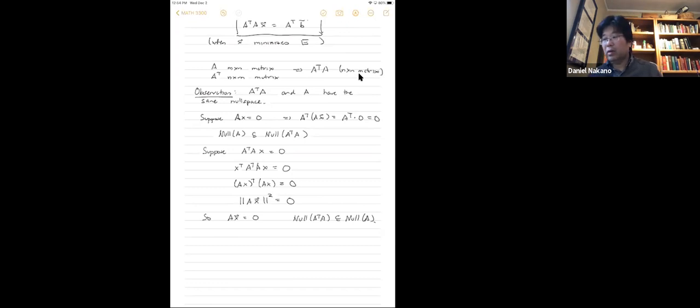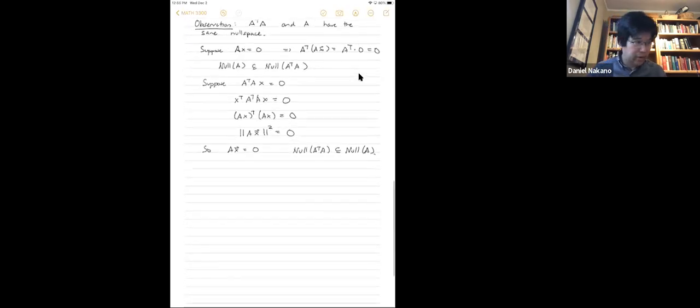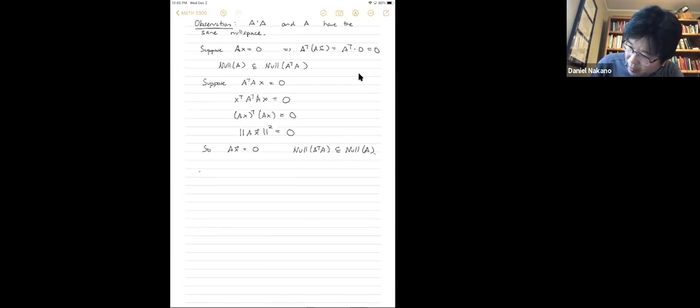All right, so now we can give a condition on A to ensure the invertibility of A transpose A. Namely, if A has linearly independent columns, that means the null space of A is 0, and then the null space of A transpose A will be 0, and A transpose A will be invertible. Here's the line of reasoning again. Let me put a little star here.